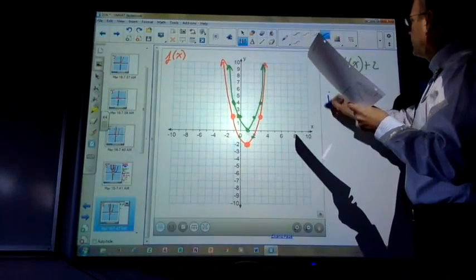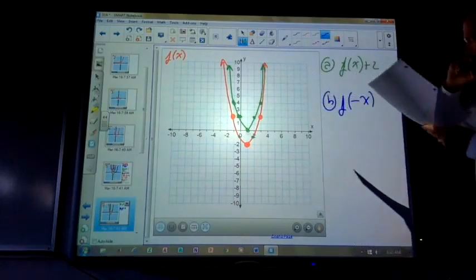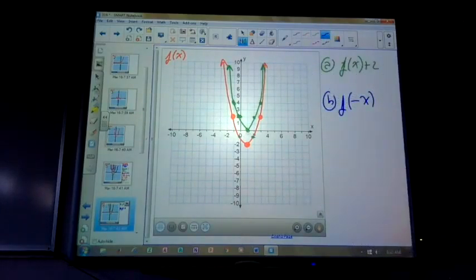B. Function at negative x. So this one, on the last one, we didn't see it change much. It just took the whole graph and kind of flip-flopped it.